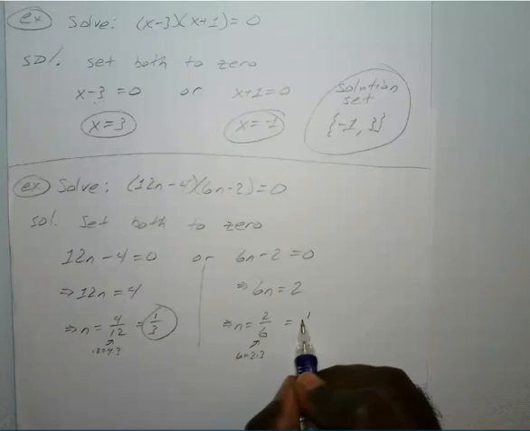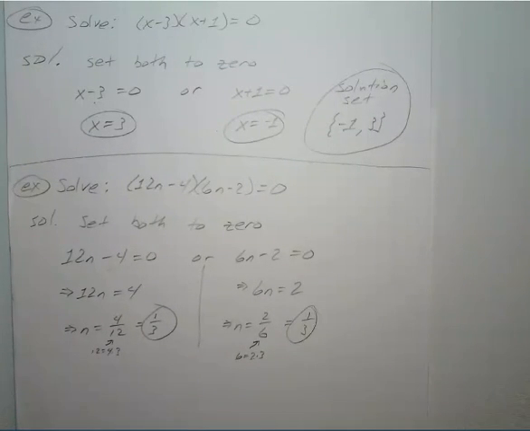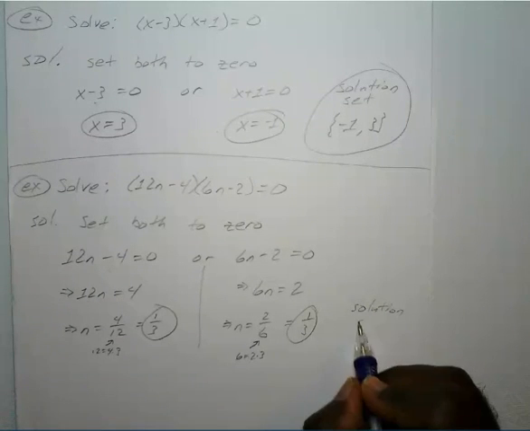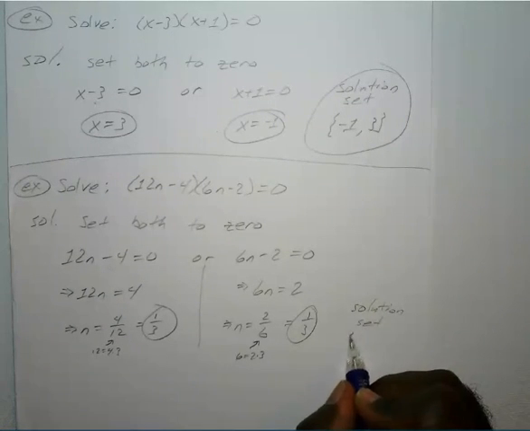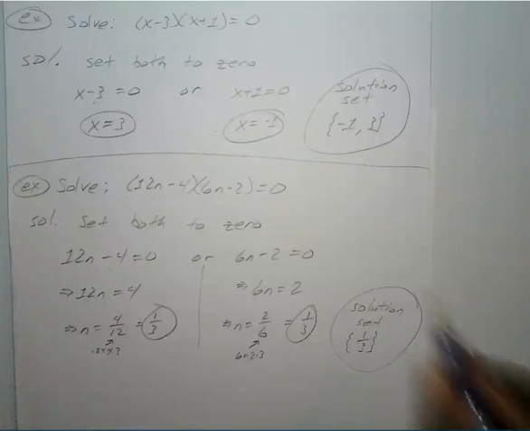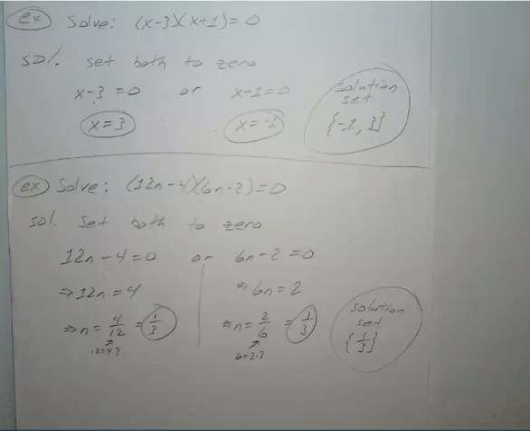So you get n equals 1 over 3 on this side. So for this one, your solution set would just be 1 over 3, because that is the only solution for that problem.